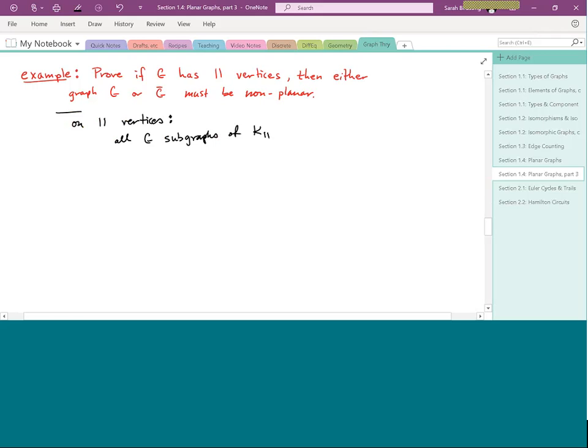Most of you have gotten answers so far, because we're about to need that. So what do we know about the complete graph on 11 vertices? We know this guy has 11 vertices, and we also know it has a certain number of edges. And this is where we need the number of edges, so we'll come back and fill that in in a second, since I still see that some of you are working on finding that answer.